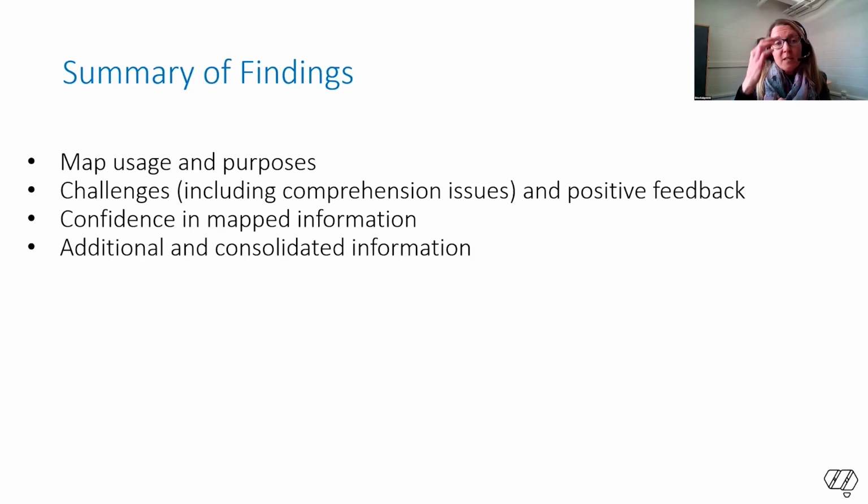And we also talked about under what circumstances people felt more confident or less confident in mapped information. And then we also talked about the different types of information that people wanted to see. People that we spoke with, our participants, welcomed fire spread predictions. They wanted to see those more in fires moving forward. And they also wanted to see information consolidated on one platform.